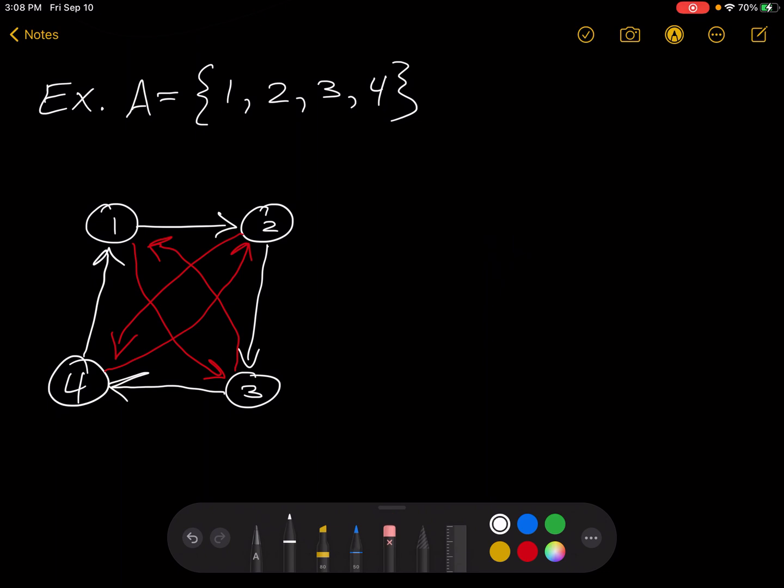So now I'm going to add more edges. And these more edges that I'm going to add, I'm going to draw them in blue. So now this graph that I have right here is not transitive because I've added these red edges, and now it's created more of these relationships where we need more edges to make it transitive. And so I'm going to draw these new edges in blue.